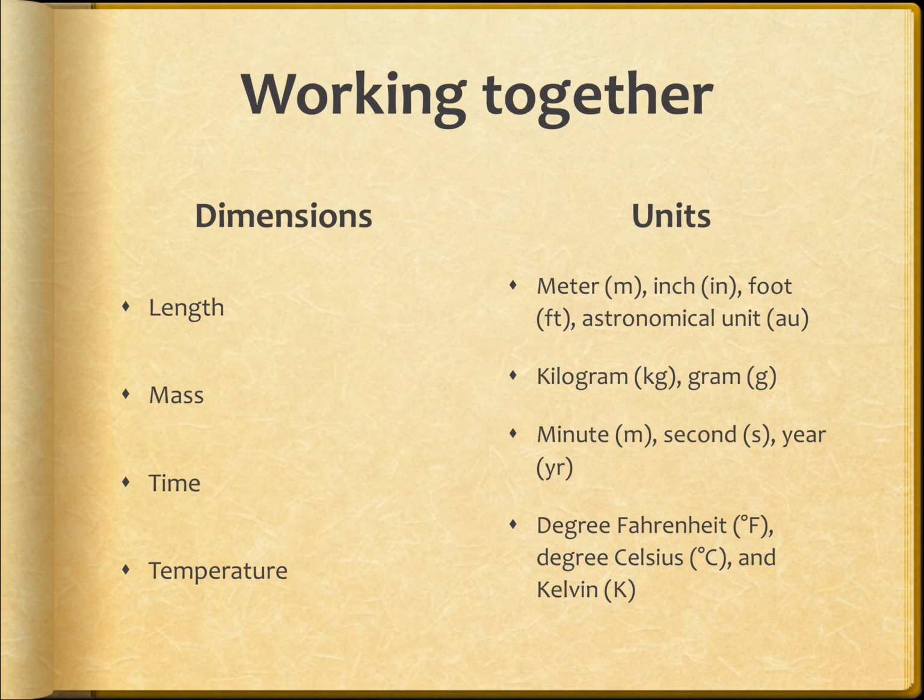We also have mass, so that might be in kilogram, gram, or pound, ounce, are all units of mass. Time is pretty standard. There's minutes, seconds, and years, or millennia, but that's standard across different unit systems. And then for temperature, there's 3 basic temperatures, which is degrees Fahrenheit, degrees Celsius, and Kelvin.